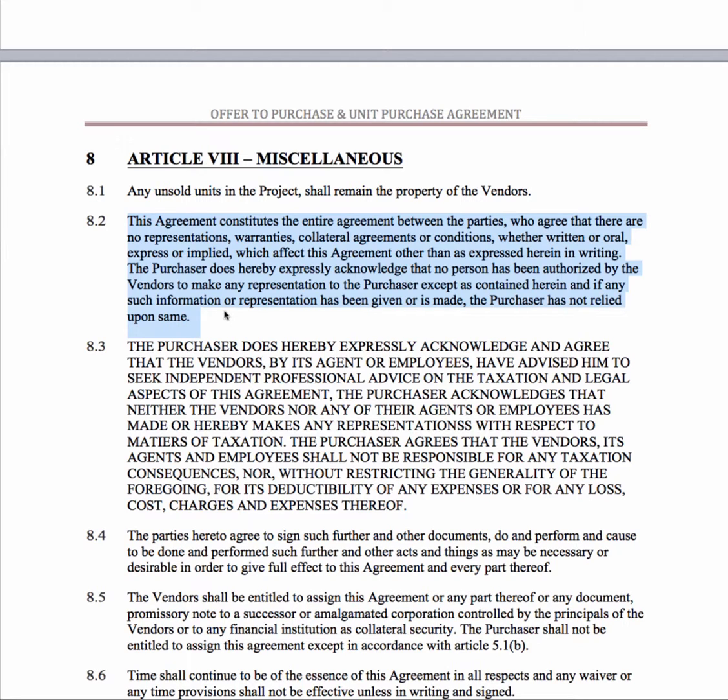The purchaser does hereby expressly acknowledge that no person has been authorized by the vendor to make any representation to the purchaser except as contained herein, and if any such information or representation has been given or is made, the purchaser has not relied upon the same. So basically it's saying that you rely on what's in the contract. Okay.